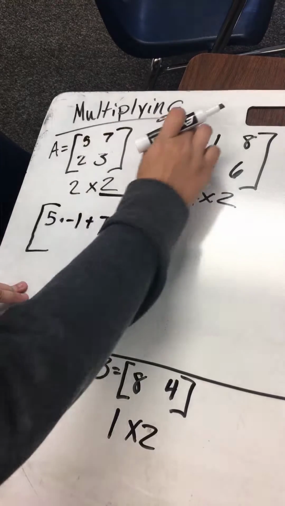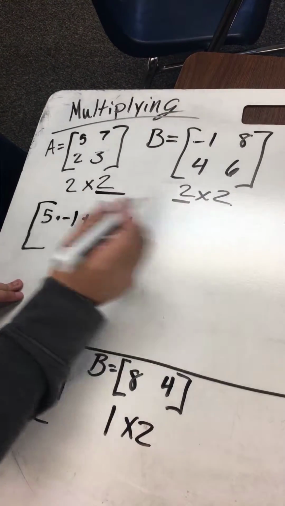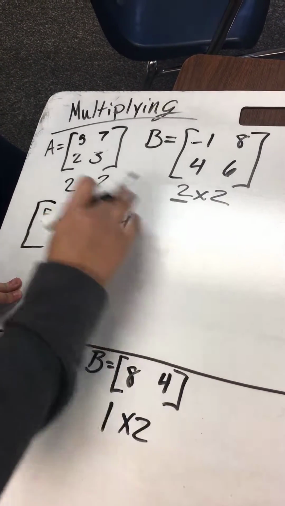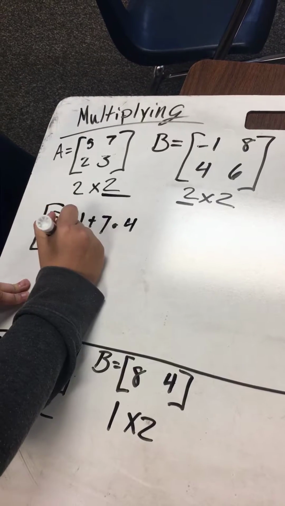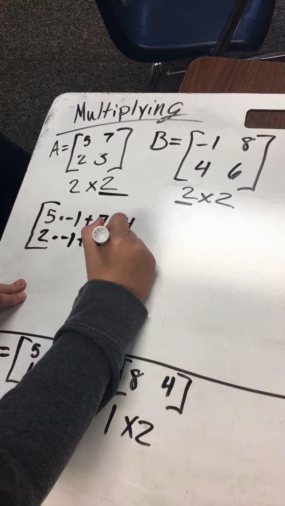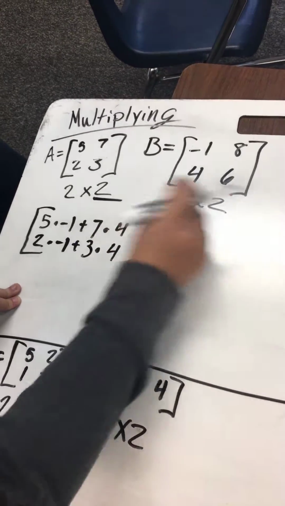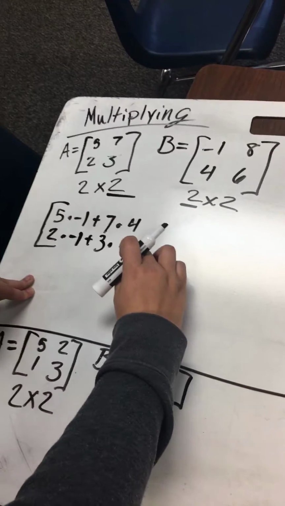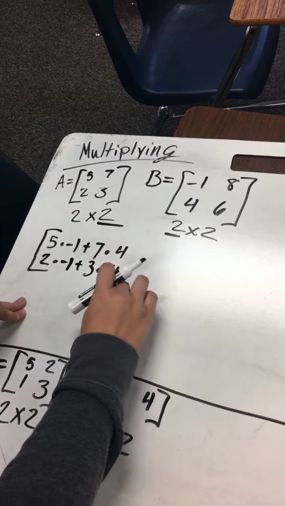That's the first row and first column. To start the second row, I would take 2 times -1 plus 3 times 4. That will give us our first column once we get this solved and added.